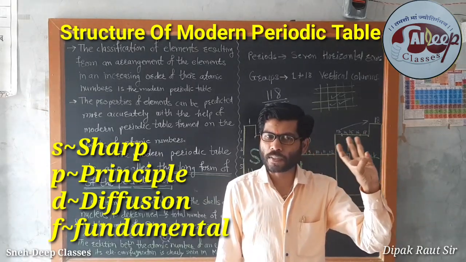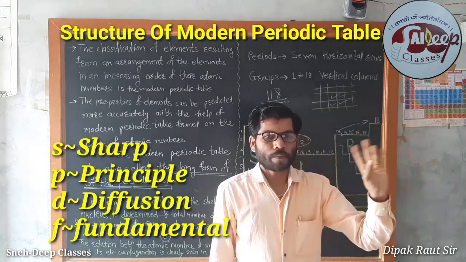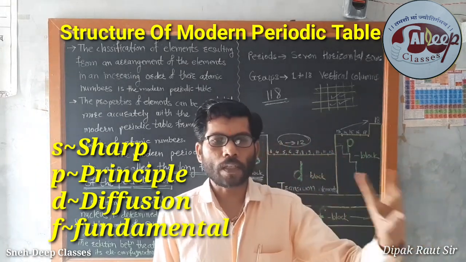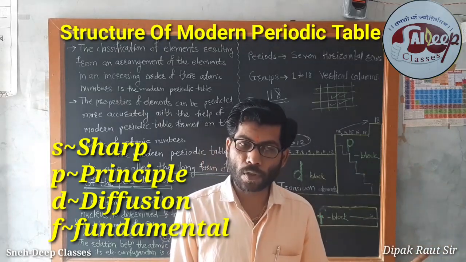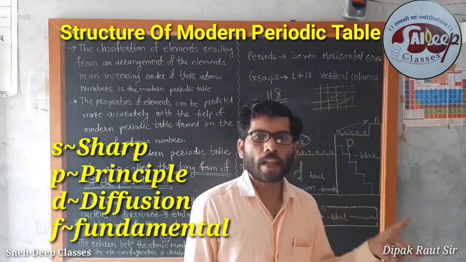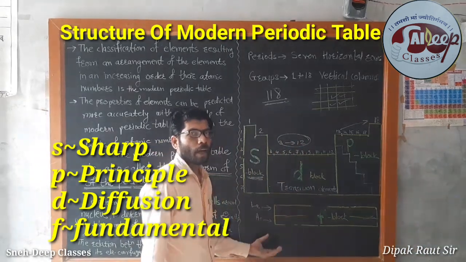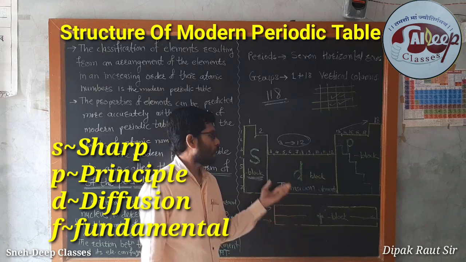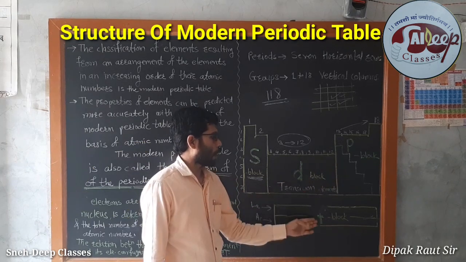S block, first and second group. P block, 13 to 18 group. D block, 3rd to 12th group. And F block, lanthanide and actinide series at the bottom of the table.